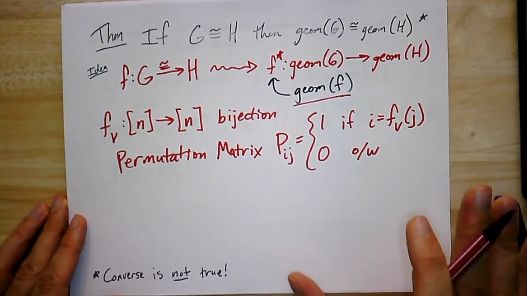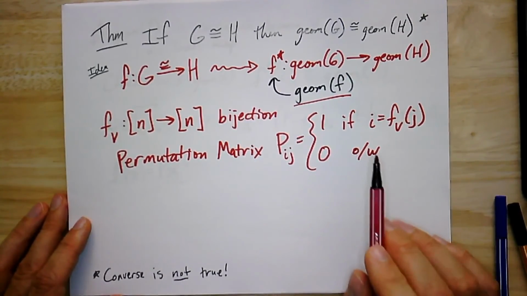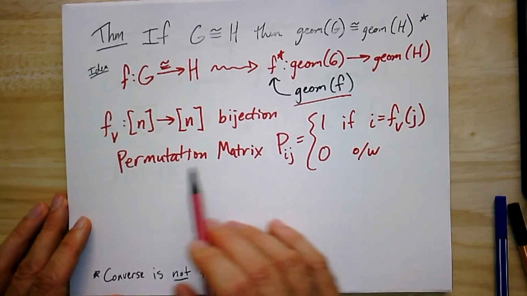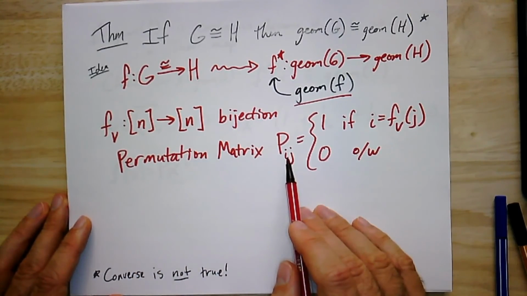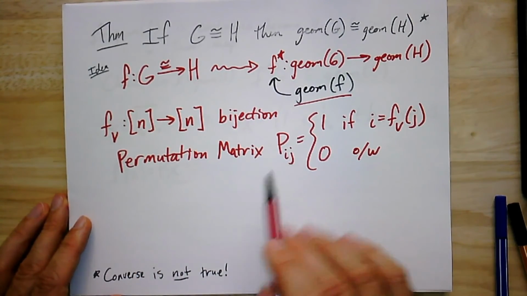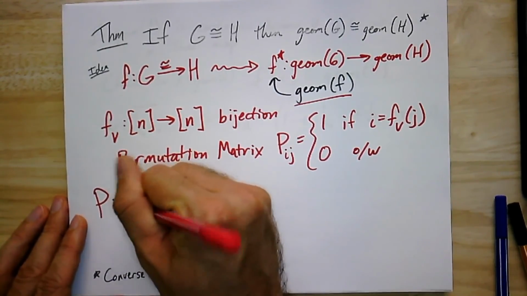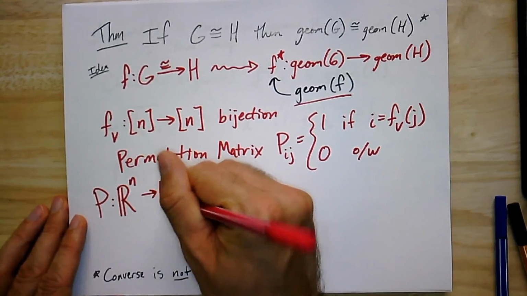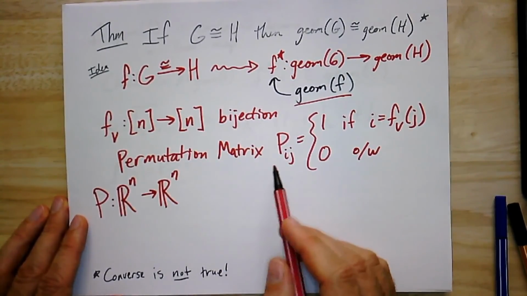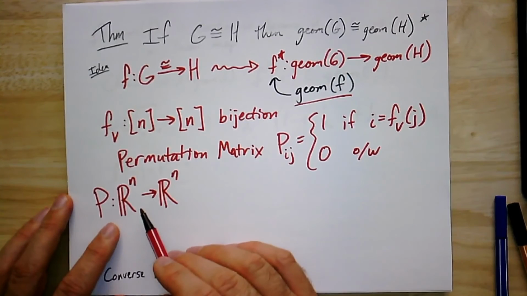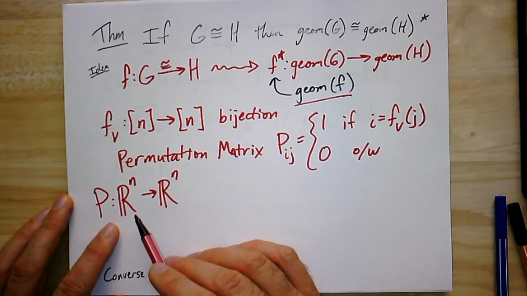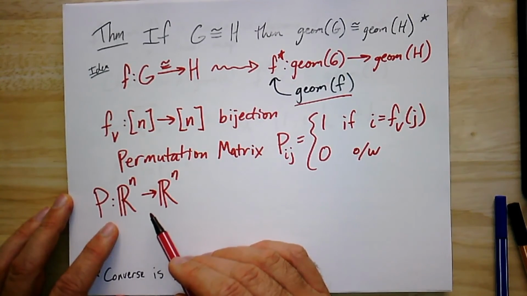But I can do something even cooler, which is that now that I've written my permutation in matrix form, I can think of it as a linear function on Rn. This permutation matrix operates on Rn by just changing, in some sense, the names of the coordinates.